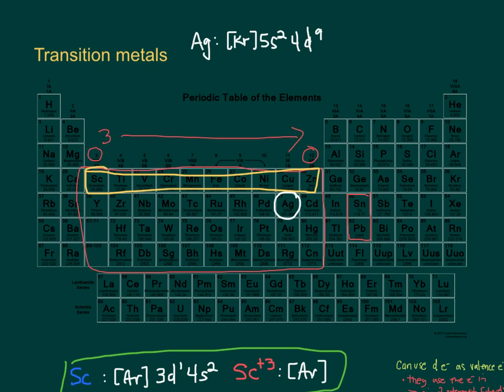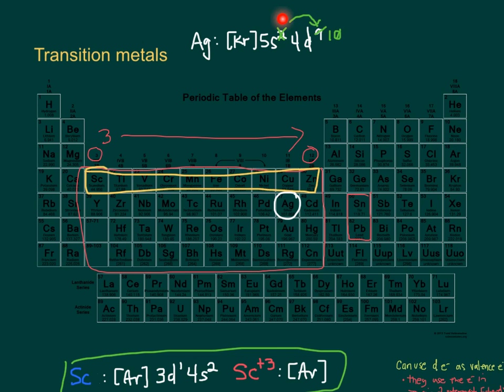And the last exception to the varying number of valence electrons is silver. If you look at silver's electron configuration, it's that of krypton plus 5s2 and 4d9. And it is so close to having that 4d9 level full that what it's going to do is move one of its s electrons into that d sublevel and make it 4d10 5s1.